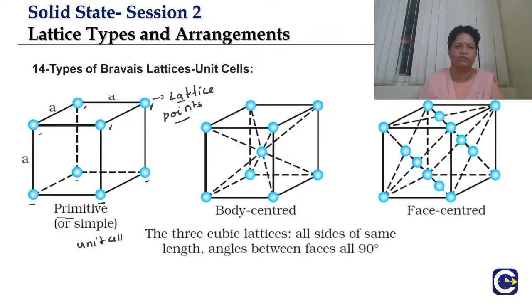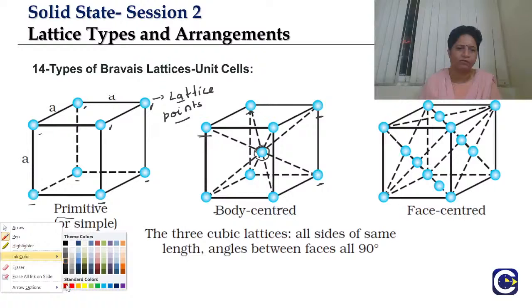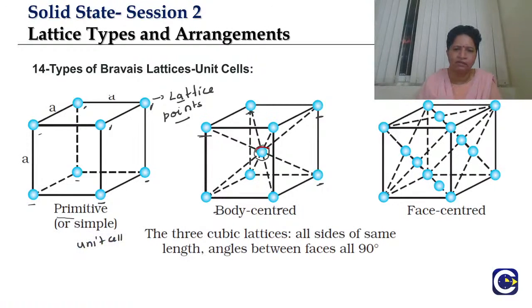In case of body centered, we'll have lattice points at the corners and one at the center of the body. Let me use a different color and show you. See, this is the one which is at the center of the body, center of body of the unit cell.